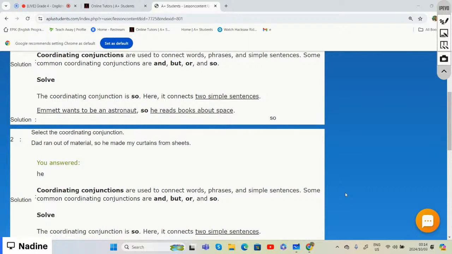Dad ran out of materials, so he made my curtains from sheets. What is the coordinating conjunction?